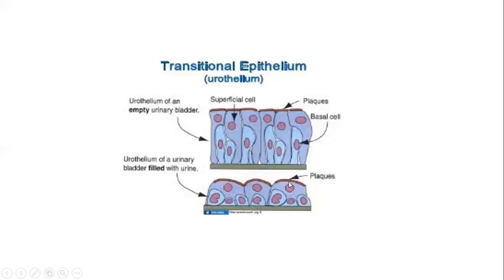These plaques are anchored to the cytoplasm of their respective cells with the help of microfilaments, which provide structural support during the folding and unfolding process of this type of epithelium according to the state of the urinary bladder.